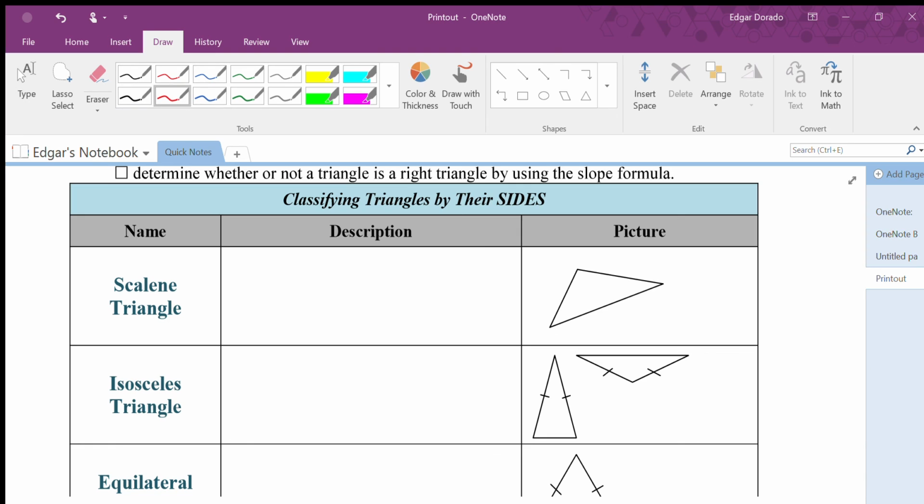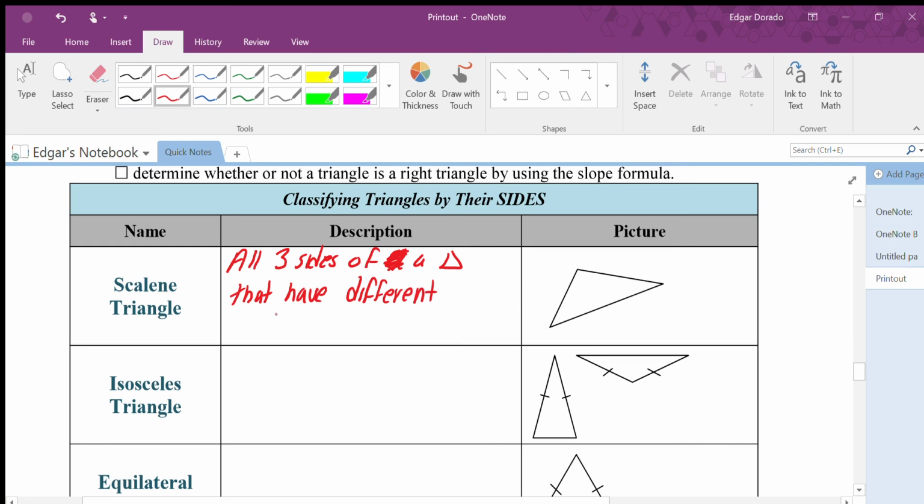First off, let's define what it is to have a scalene, an isosceles, and an equilateral triangle. A scalene is when we have all three sides of a triangle that have different lengths.